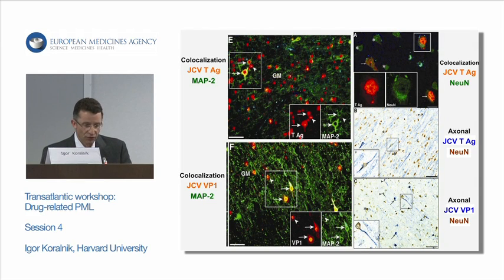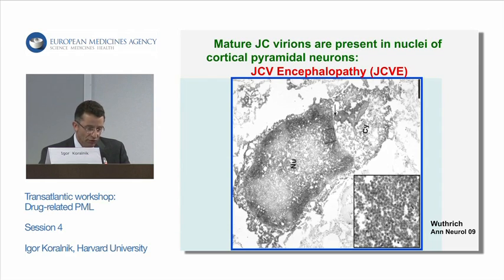We were able to do electron microscopy showing that you had mature viral particles in the nuclei of this cortical pyramidal neuron, and that forms a new entity that we call JCV encephalopathy, or JCVE.